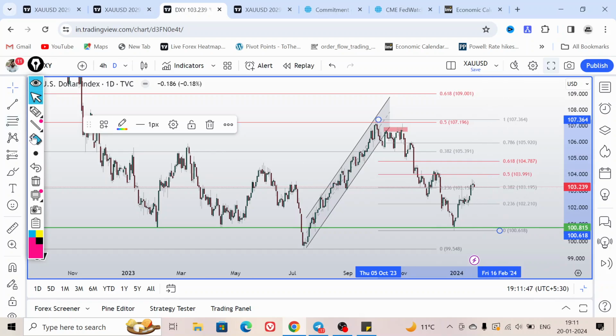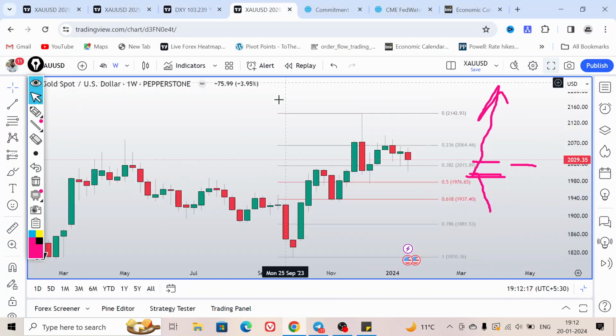So if price rejects from here, then it might continue the decline, and for a bulls scenario, they need to break above at least 104, then it might go into the bullish phase, we can say, on the daily time frame. So under this, it is still in bearish territory as per the price action on the daily time frame.